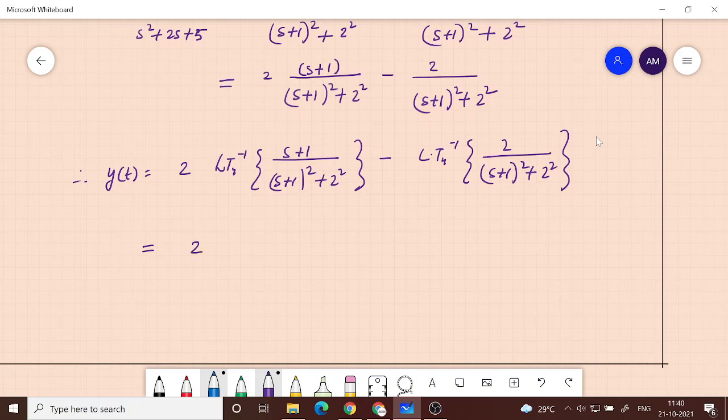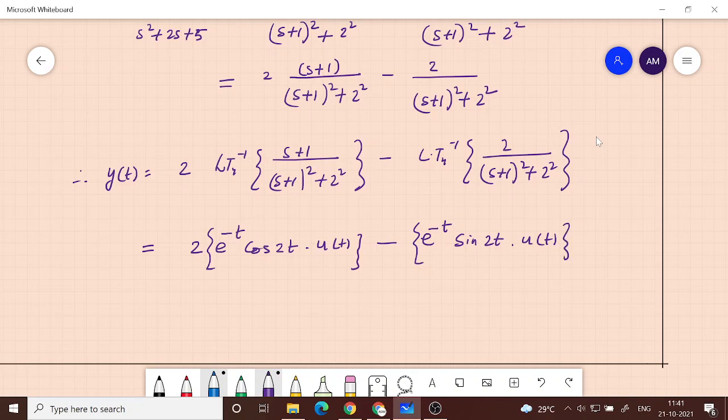This is e raised to minus t cos 2t into u of t. And similarly this one is e raised to minus t, I hope you are aware of this from my earlier class, sine 2t u of t. That's it.